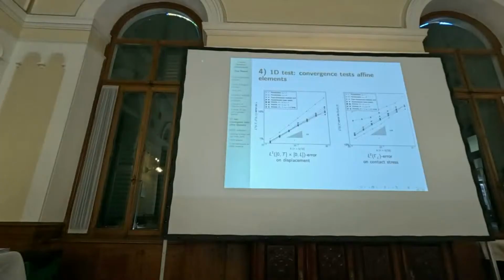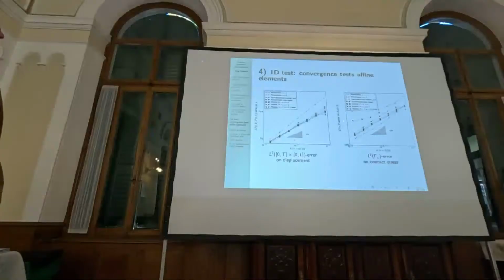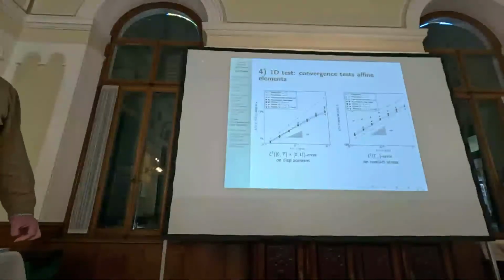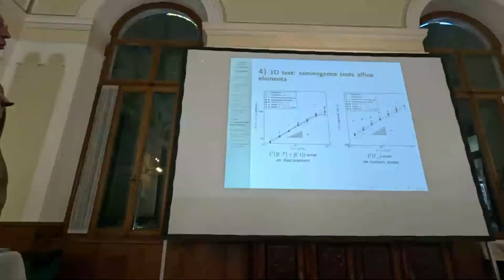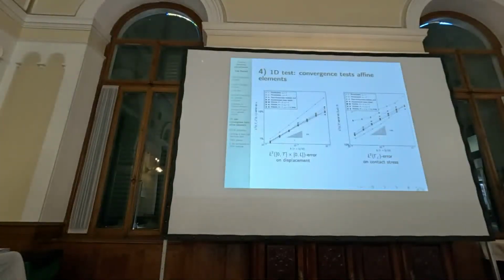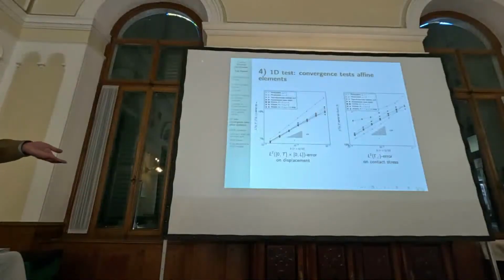And here, if we make some tests with all the methods I introduced, you can see that at the left is the convergence in displacement, and at the right the convergence on contact stress. Of course, you have a rate of convergence of 1/2, but this is due to the regularity of the solution. All the methods converge at the same rate, because they are reasonable methods, including the penalty.